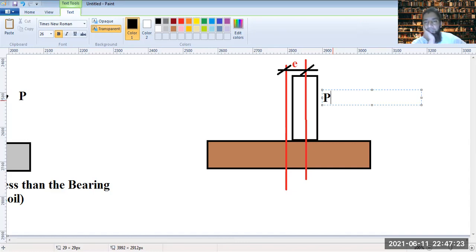Thereby an eccentricity arises in the design of the footing. So in this case, what would usually happen is that the resultant of the forces acting on the soil are now eccentric, so the resultant thrust exerted would be shifting towards one side.